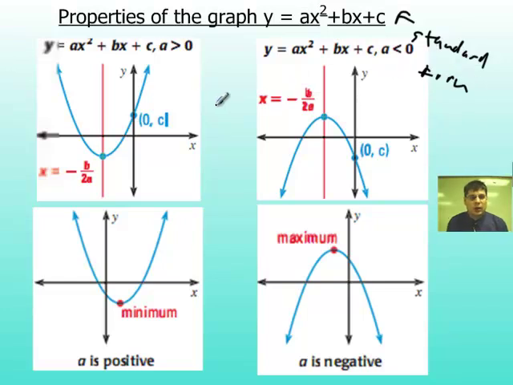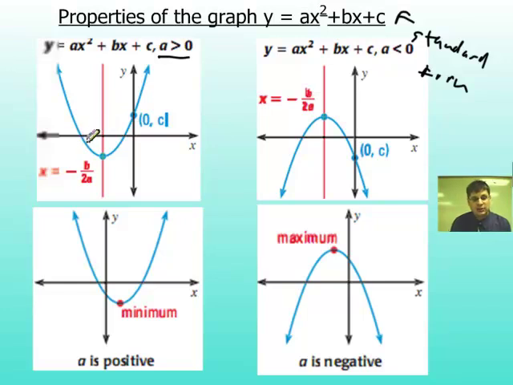For instance, here I have a parabola that's opening up because the a value is greater than 0. I also want to point out that you have an axis of symmetry, and that always goes through the vertex. That's why it bisects the parabola into two parts.